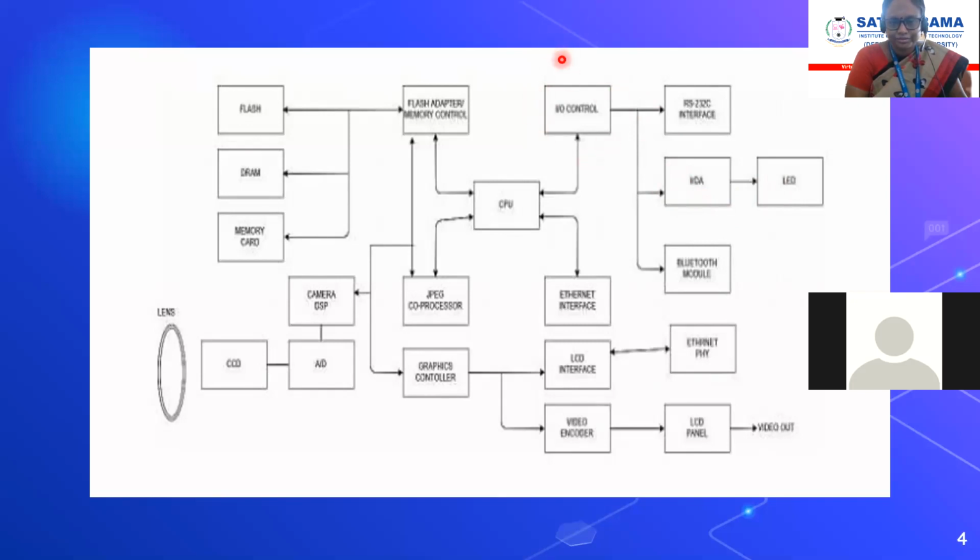Then the IrDA interface is provided for remote controlling of the camera through an infrared remote. The Ethernet connection is through the serial port. An interface is given for the Ethernet connection. There are other interfaces like RS-232 and Bluetooth for advanced communication support. This Bluetooth is used for remote control.